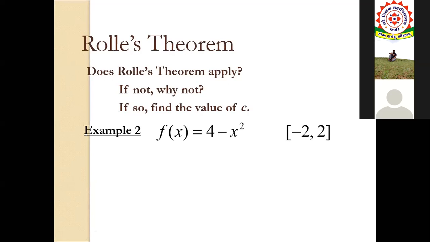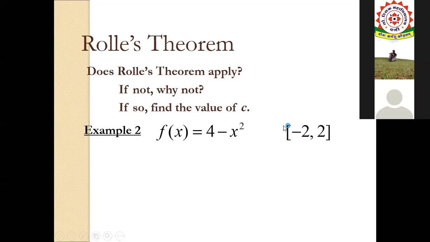Again, anyone? We simply find f dash of x. We get minus twice x. Equate it to 0. So minus twice x is equal to 0, so x equal to 0.